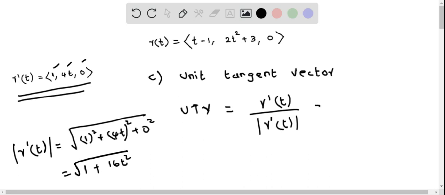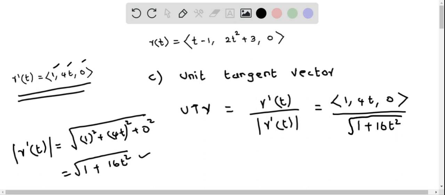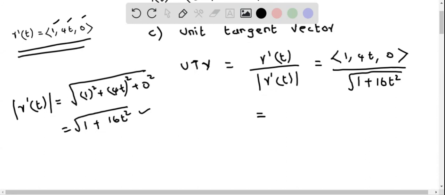So we can substitute this into the formula. I put this r prime of t in bracket form, that is 1 comma 4t comma 0, and this divided by the magnitude of r prime of t, which we found here, that is the square root of 1 plus 16t squared. So we can write this in complete component form, that is, we divide each of the components in the numerator by the square root of 1 plus 16t squared.